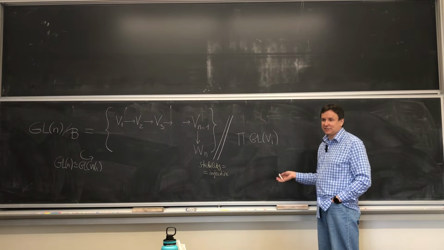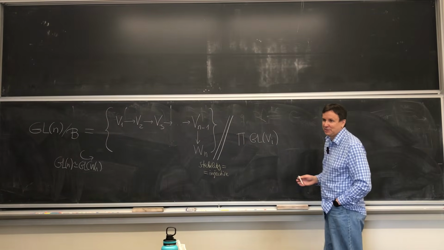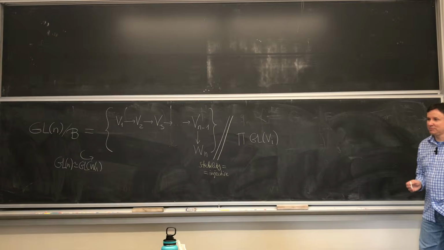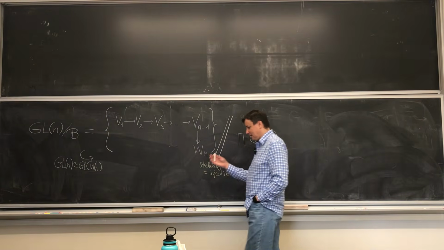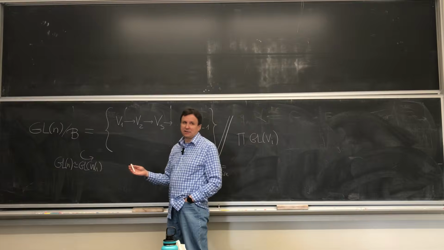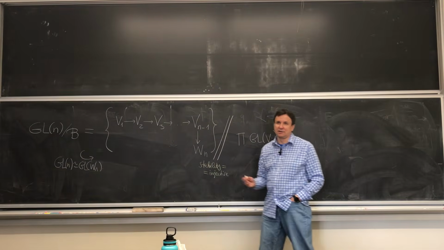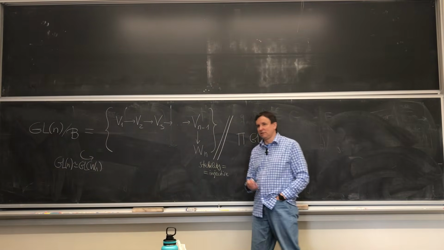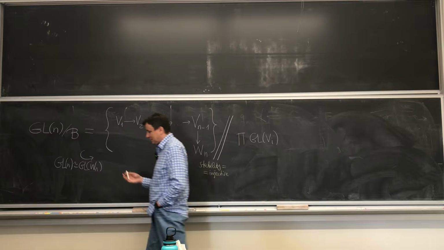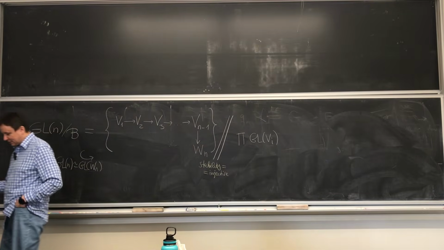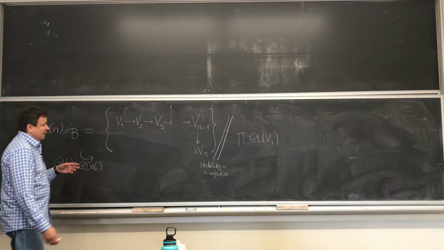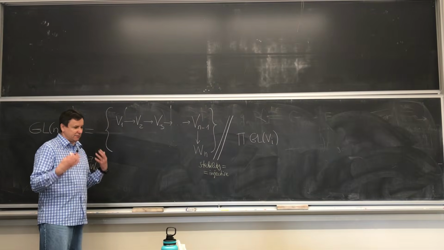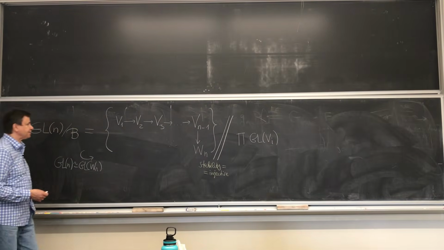No such presentation is known to me for any other type, and that makes the theory different. You can see there are certain differences between what you do for flag varieties of type A and other flag varieties, well, we'll get there.